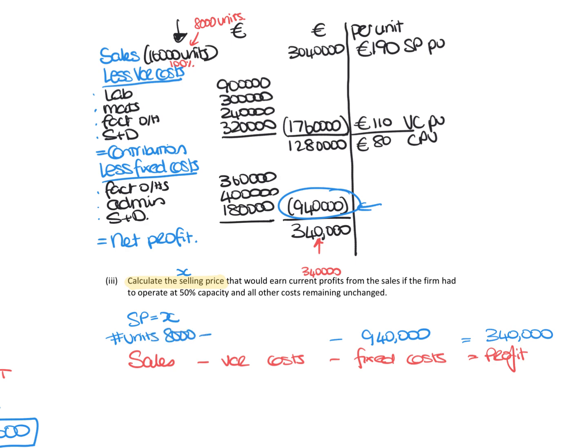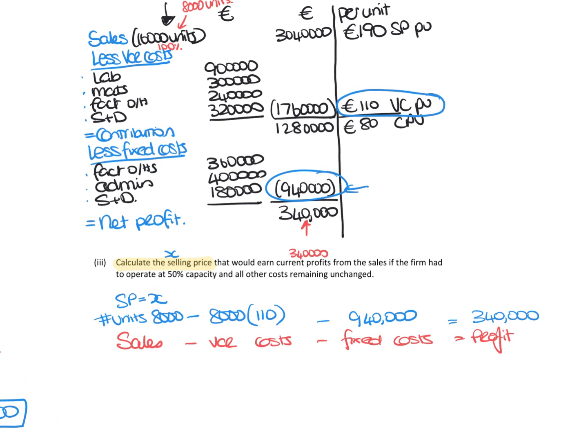Okay, the variable costs, there's no change to the variable costs, 8,000 multiplied by €110 variable cost. So we'll just multiply all of this out then. So we've got 8,000X minus 8,000 multiplied by 110 is 880,000 minus 940,000, and that is equal to 340,000.